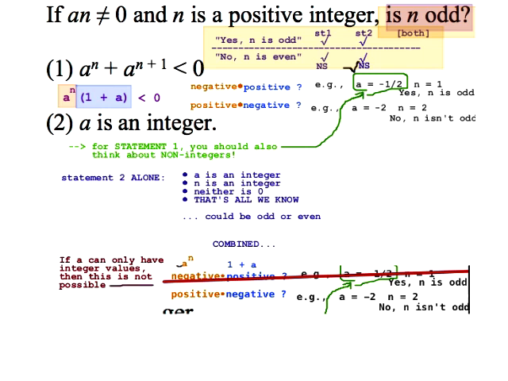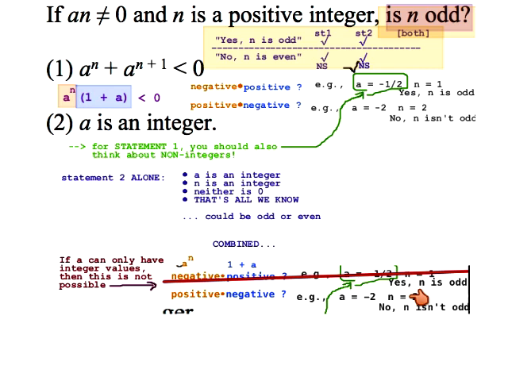So there you go. You're left with the other case where n has to be even. Because this is going to be negative, which means A is negative, and the way to make a negative to the n become positive is if n is even. So n is going to have to be even.